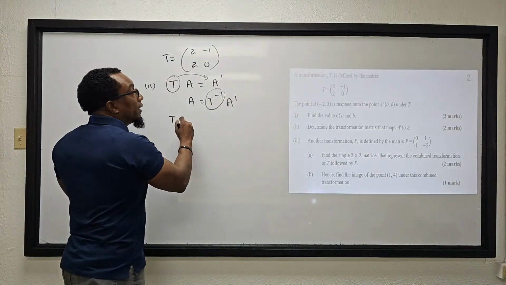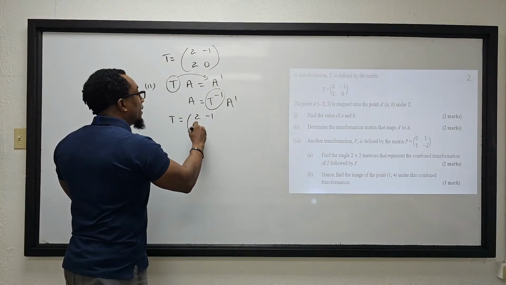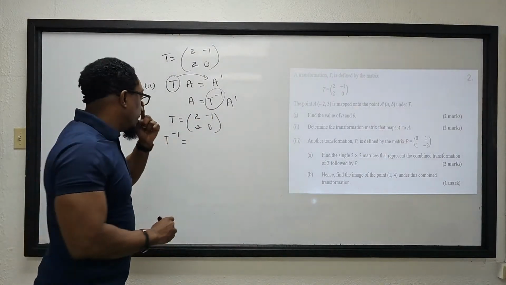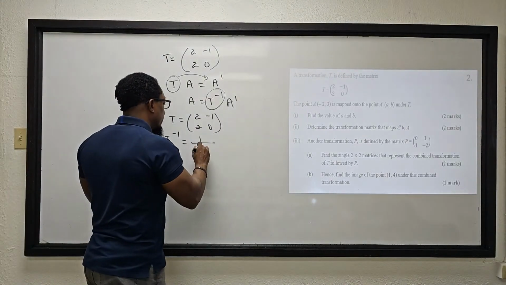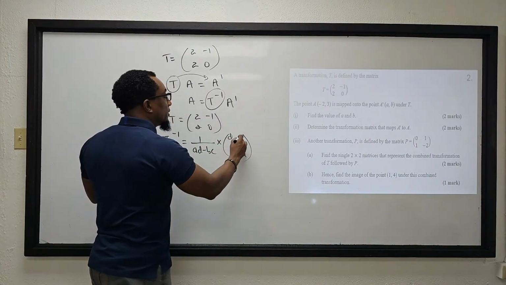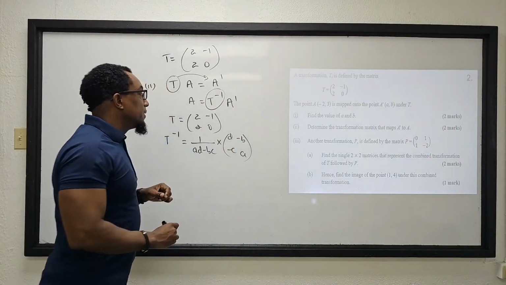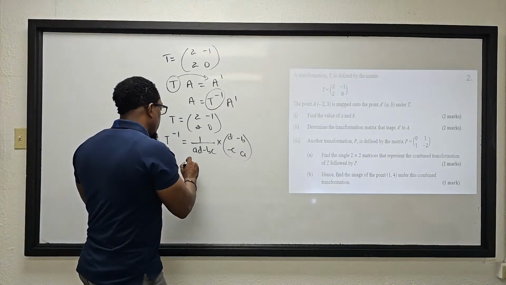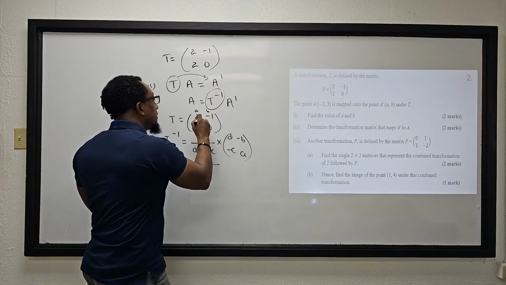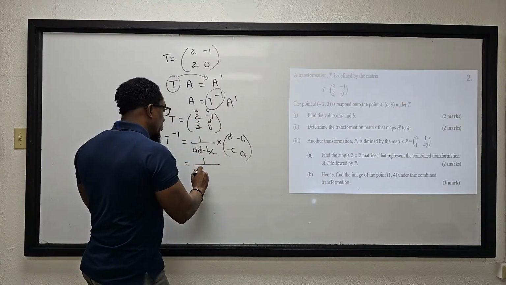T is equal to 2, negative 1, 2, 0. So T inverse will be 1 all over your determinant times the adjoint. A and D interchange, change the signs of B and C. So this will be 1 all over A, which is 2. Remember, this is A, B, C, and D. A, which is 2.